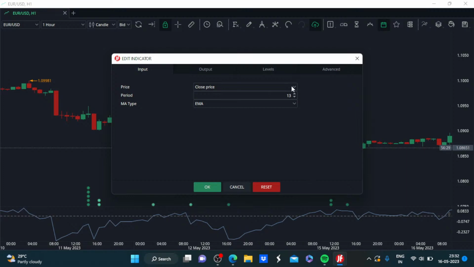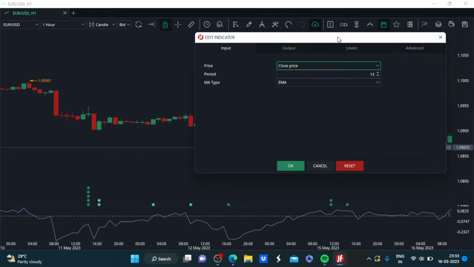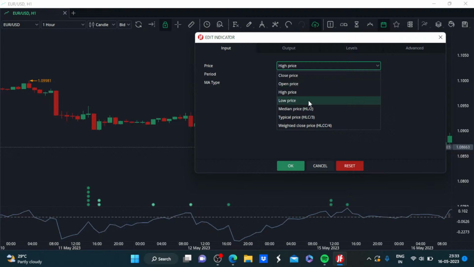You can go for different sorts of applied prices, and depending on the kind of applied price you are using, you will have different output values for this indicator. So to figure out which kind of applied price is best for you, all you need to do is try working with these different applied prices, and then you will come to know which is best for your system.